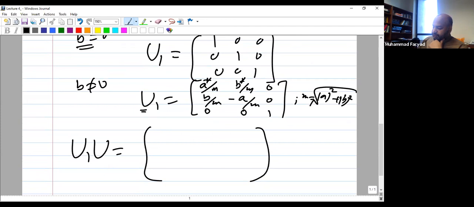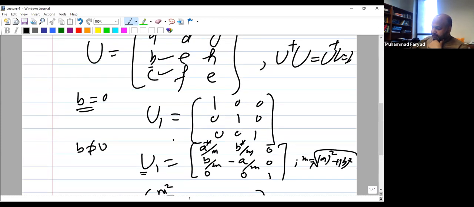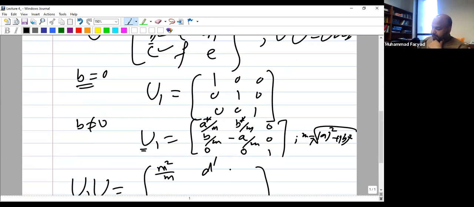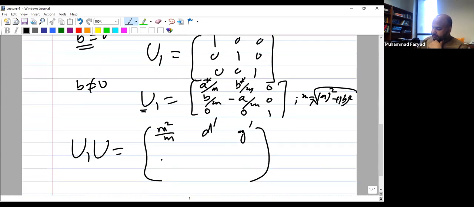This is essentially a number M square by M. Then I will have some element here, let me call it some prime, and some element here, let me call it prime, and this is 0, and this is E prime, F prime, H prime, I prime, and there is some C prime. Is that okay with everyone?